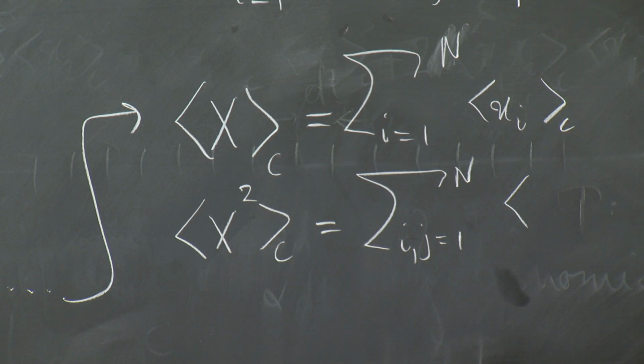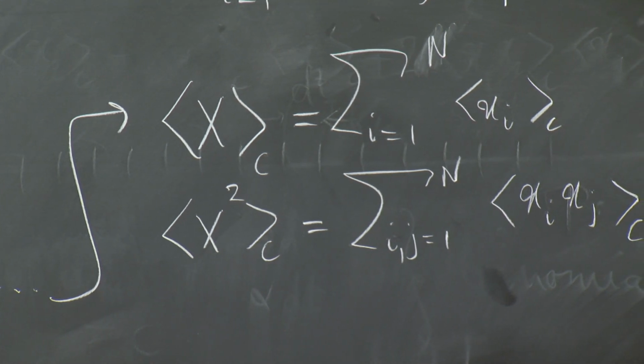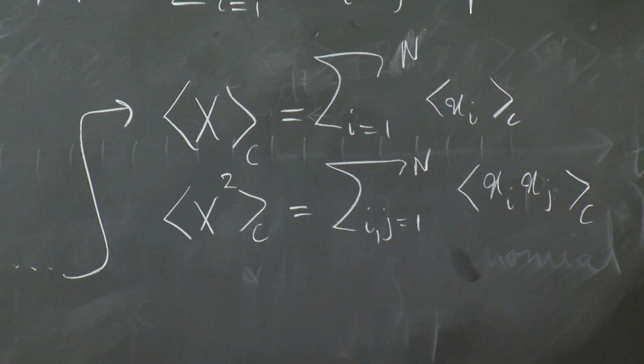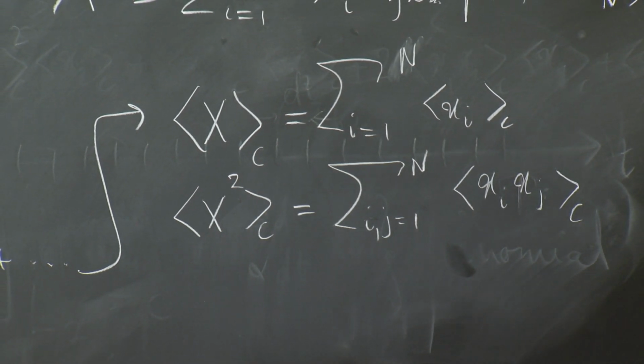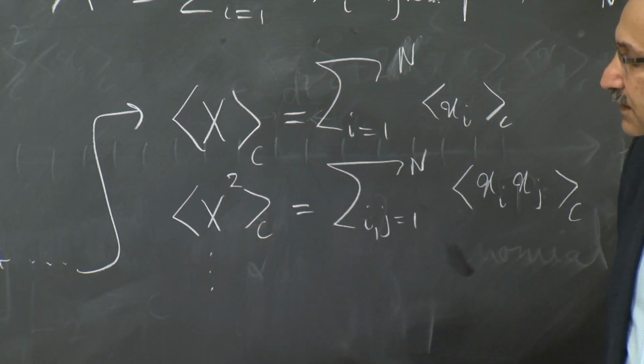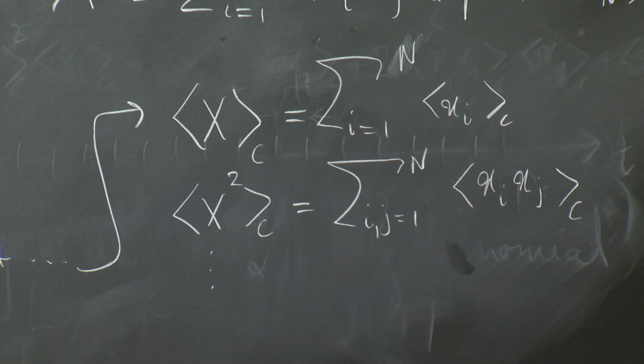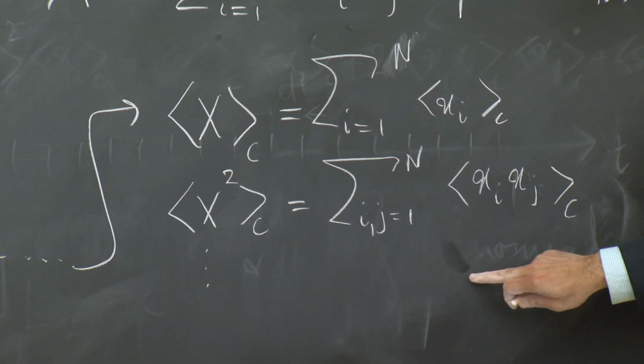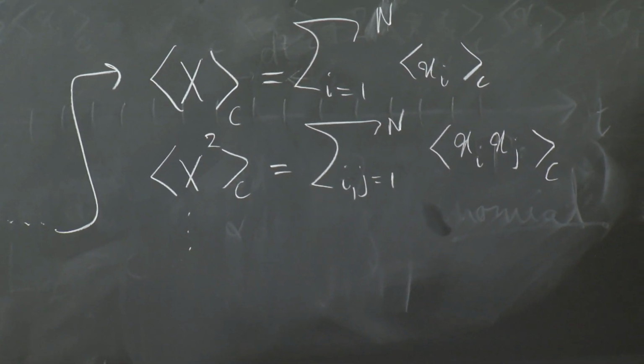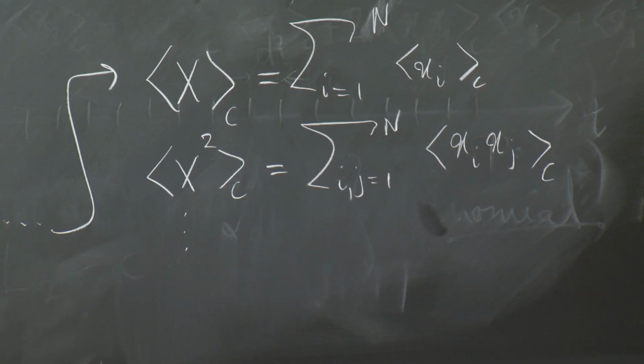Since they are potentially dependent, you also have to keep track of covariances. And this kind of summation extends to higher and higher cumulants, essentially including more and more powers of cumulants on that side.